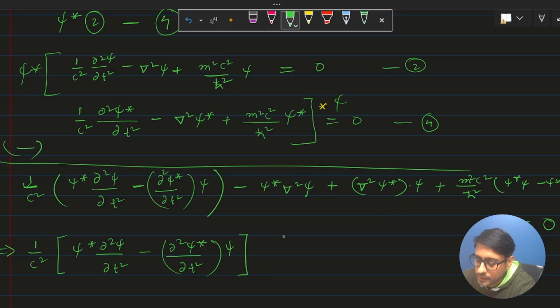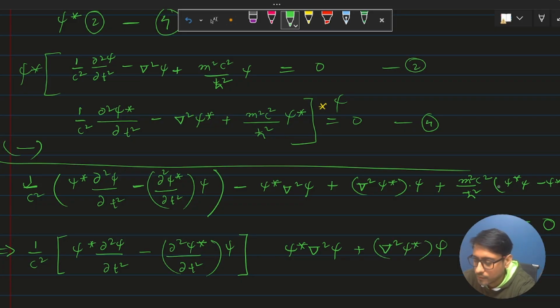We can write it collectively, but let's write this thing together for some time. Minus psi asterisk del 2 psi plus del 2 psi asterisk psi equals 0, because these two terms will cancel out.